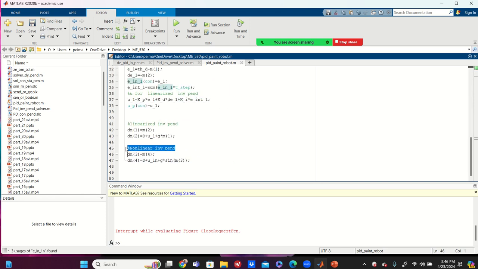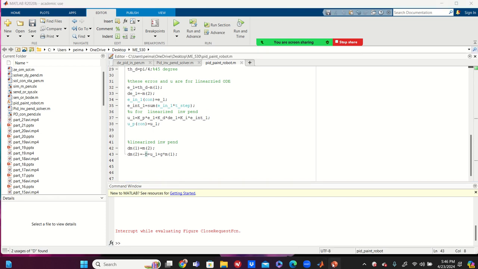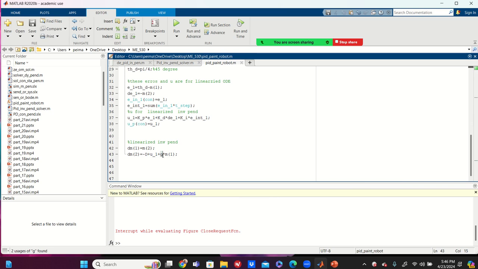We don't need this also, because I'm going to keep it simple. The only difference is we have minus D, see here, because it's a pendulum, not inverted. Minus D linearized. Minus G over L M1. See, in the previous one it was G minus, because L is 1, you already know it. Minus G M1 plus U1, obviously.